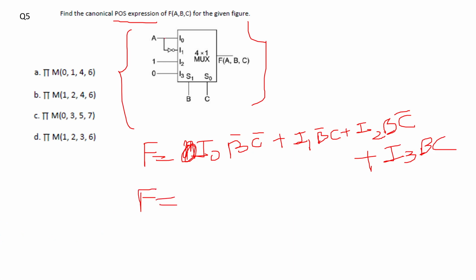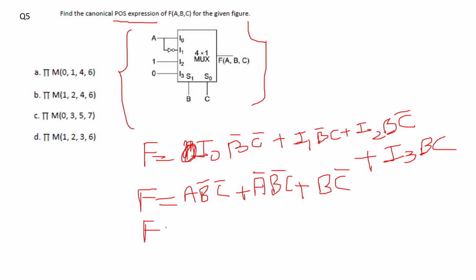I0 is A, so it's A B' C'. Then I1 is A' going through the NOT gate, so it will be A' B' C. Then I2 is 1, so it will be simply B C'. Then I3 is 0, so this term will not be there.